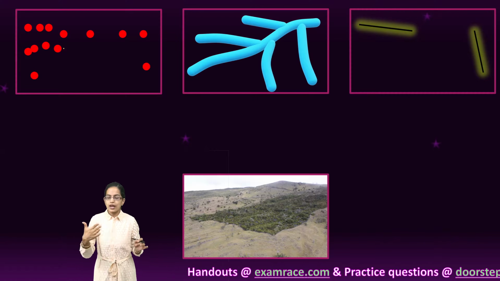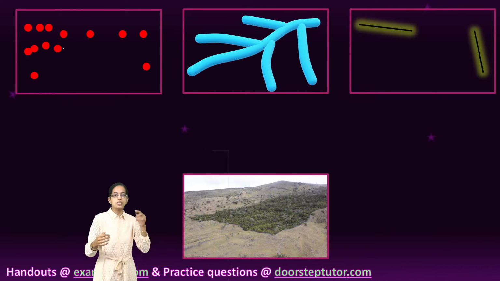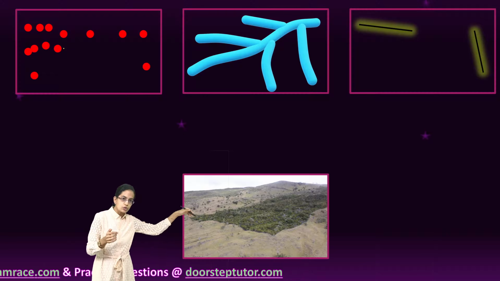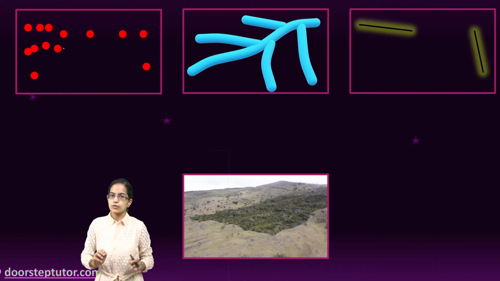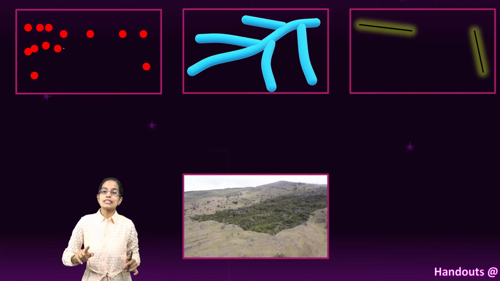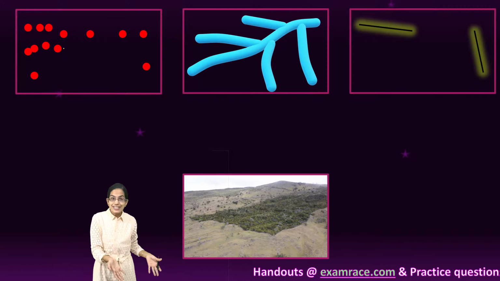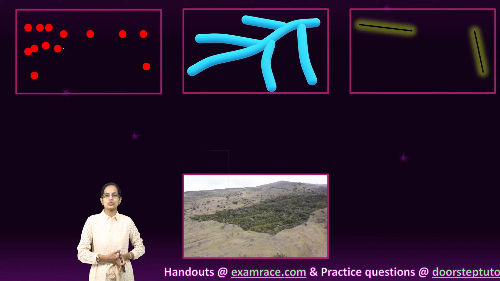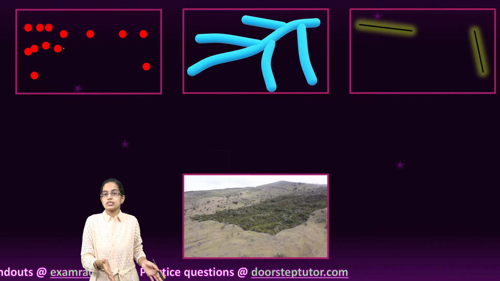Then I identify the routes: how you can reach those stores, if there is any shortcut, the long road, the roads that go within the colonies, or the highways that you have to catch in order to reach that location. So these are line features. The next is area features. Area features could be the parking space available near the grocery stores. If it is a village area, I can identify agricultural units that are available.